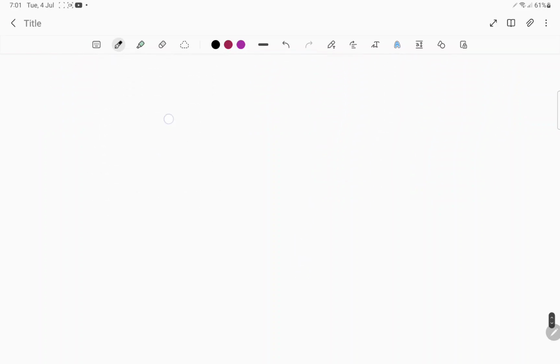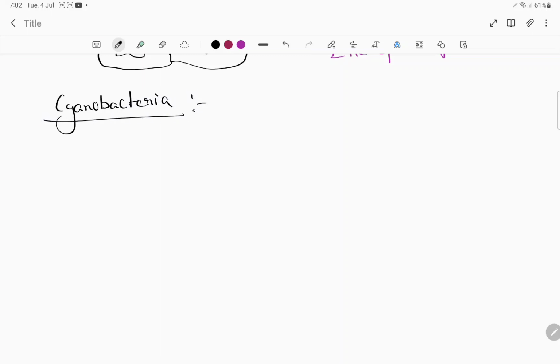And next, coming to cyanobacteria. The kingdom Monera has a separate division called Cyanophyta, earlier called blue-green algae. They are very similar to bacteria, but they also differ from bacteria in some characters.